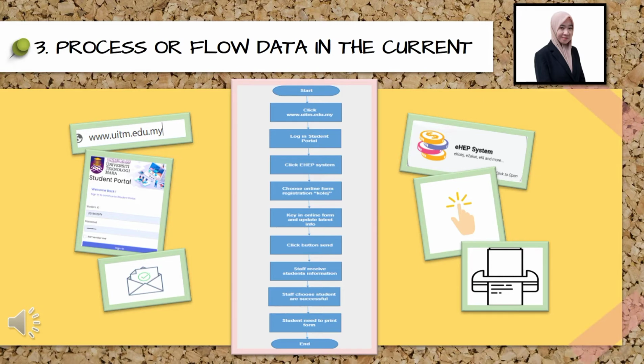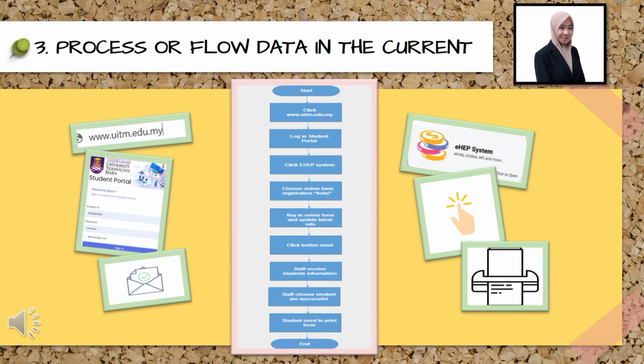Next, the process or flow of data in the current system. First is start. Second, students must go to www.uitm.edu.my. Students must log in to the student portal with the ID number and password.